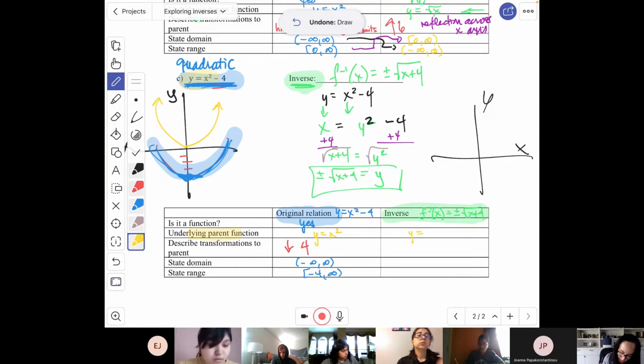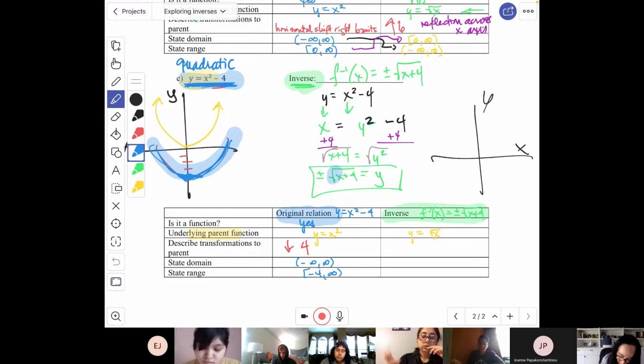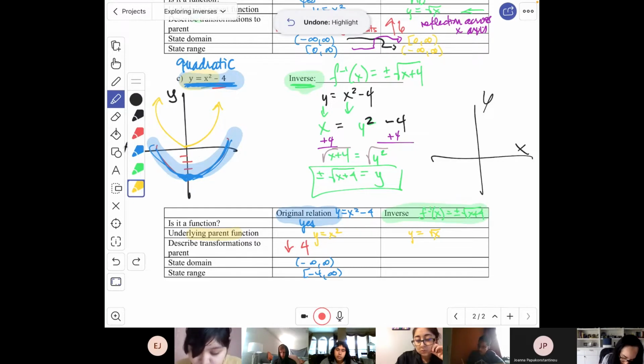Y equals what? The square root of x, right? The underlying parent is y equals the square root of x.